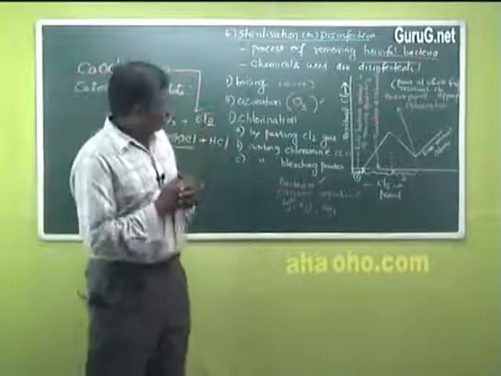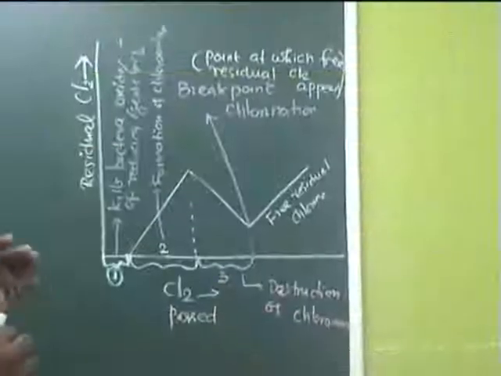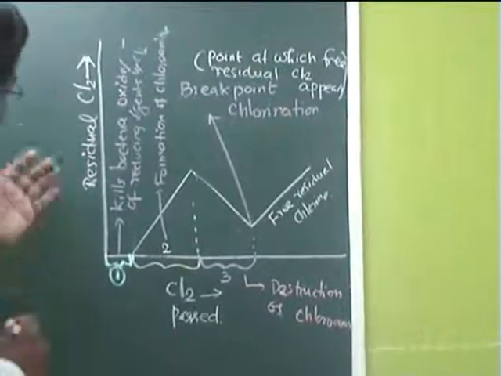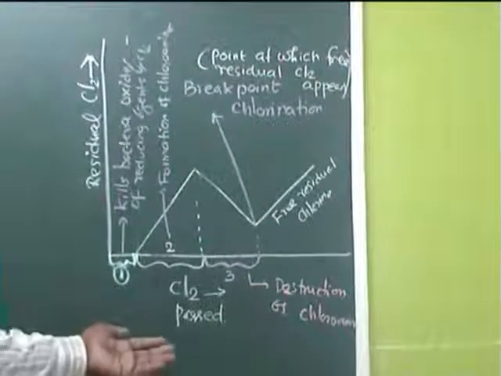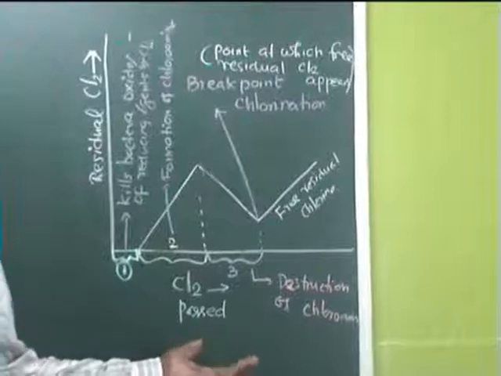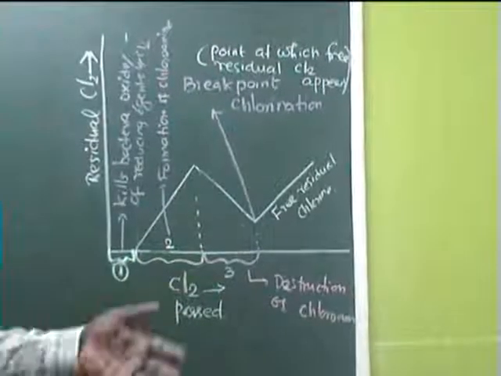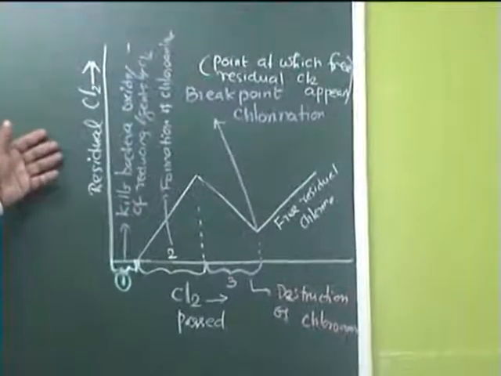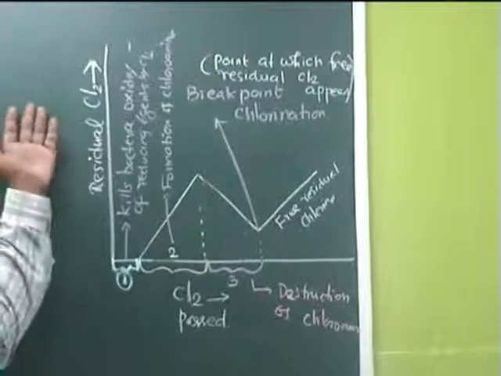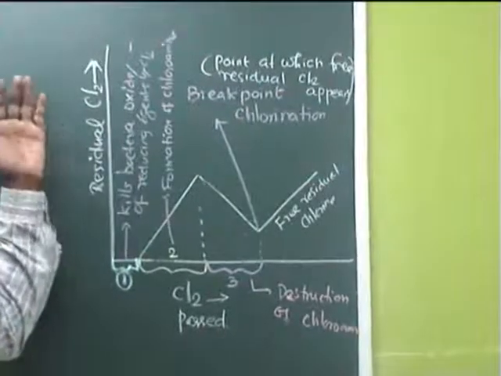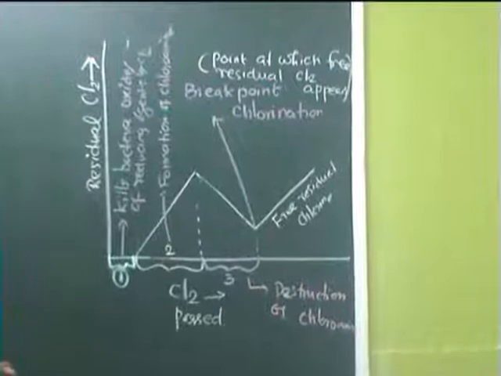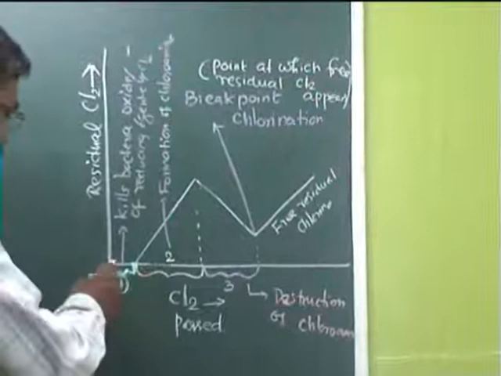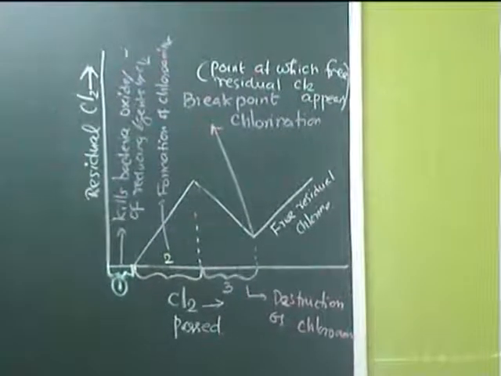Here there is a graph. It is a plot showing the relationship between the amount of chlorine passed, that may be chlorine gas or bleaching powder or any other form, plotted with residual chlorine, that is the amount of free chlorine present in water. Initially when you are passing chlorine, no residual chlorine appears.